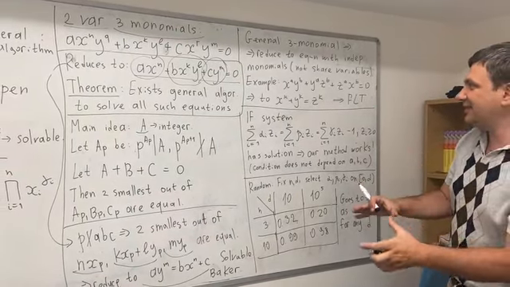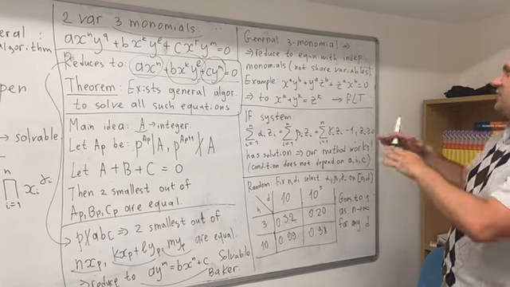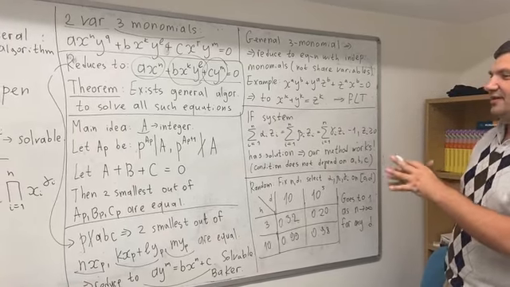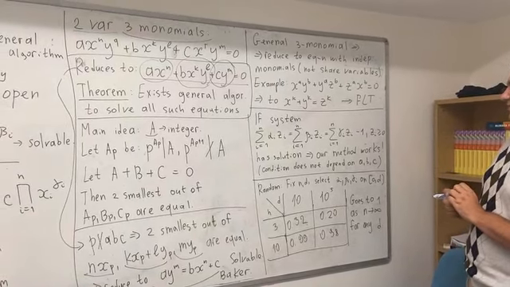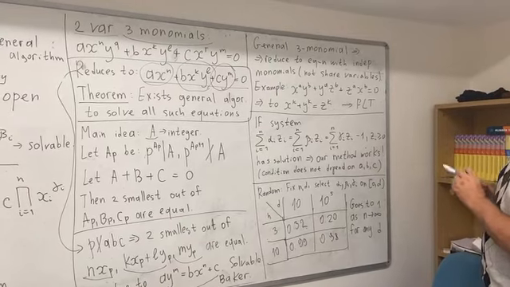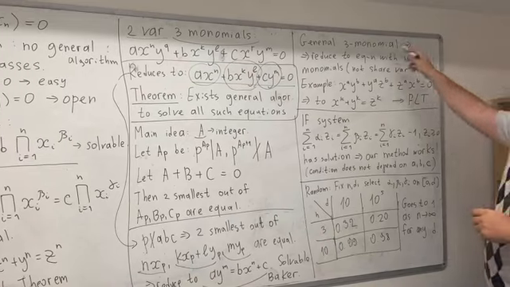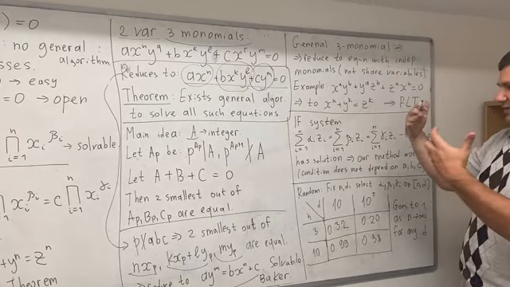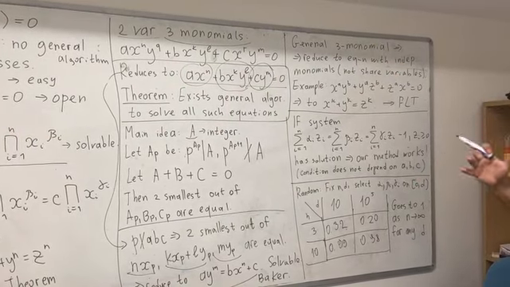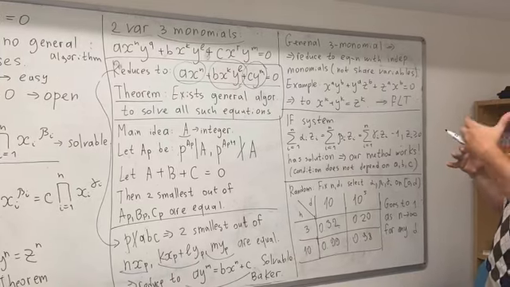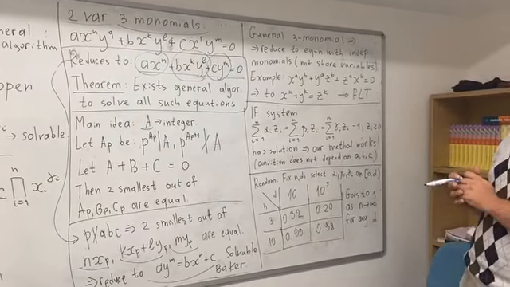The same idea works for some special general three-monomial equations with no restriction on the number of variables. This idea allows us to reduce the equation to an equation with independent monomials, which means that monomials do not share variables, and this new equation is sometimes easier.